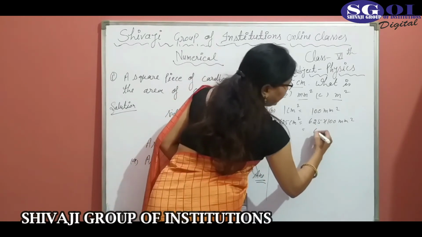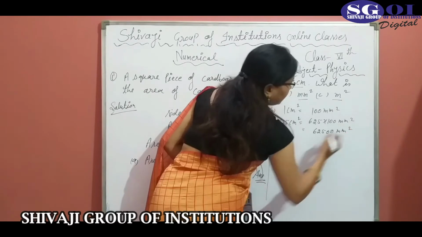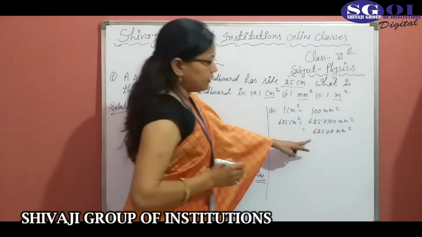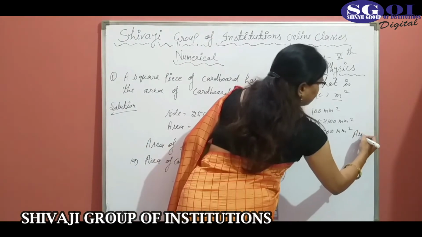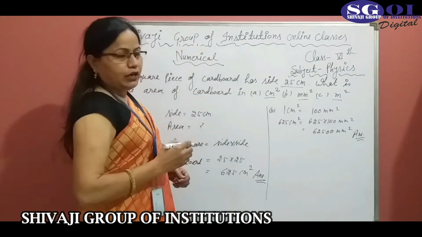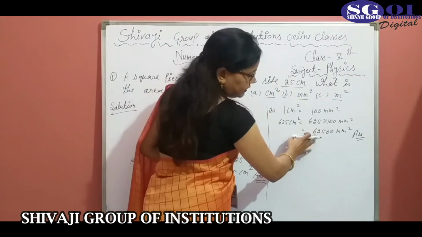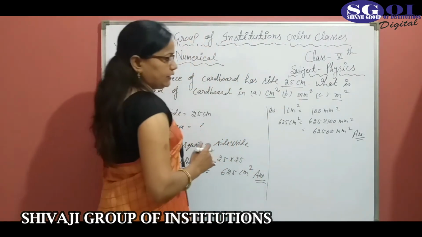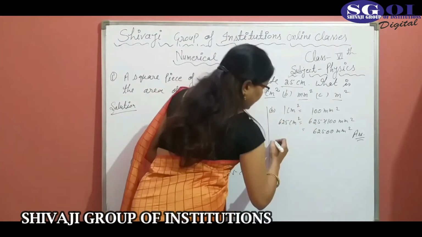After multiplying we get 62,500 millimeter square. So the area of cardboard in millimeter square is 62,500 millimeter square.